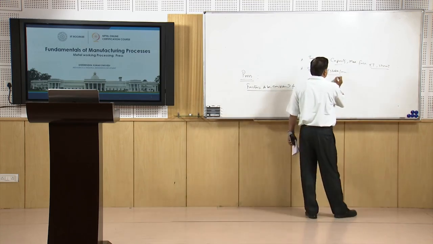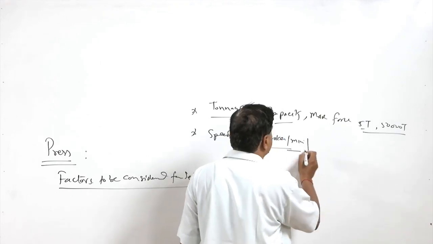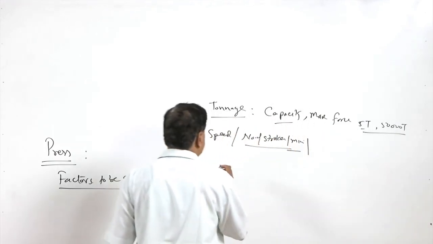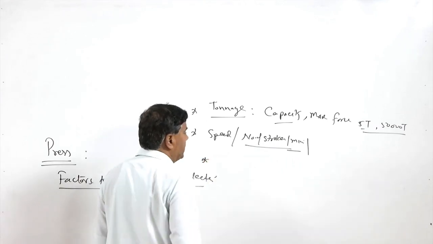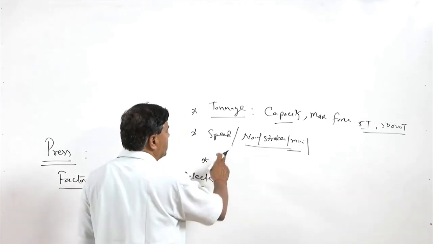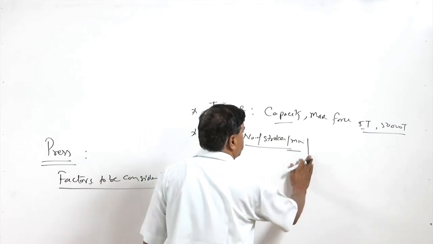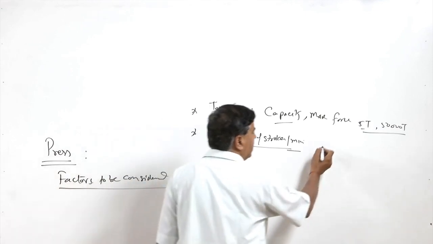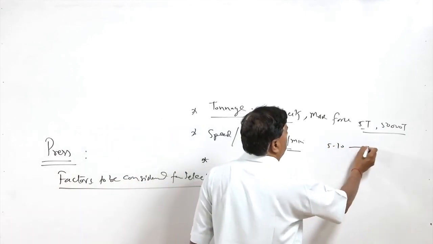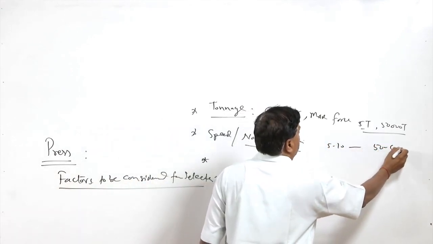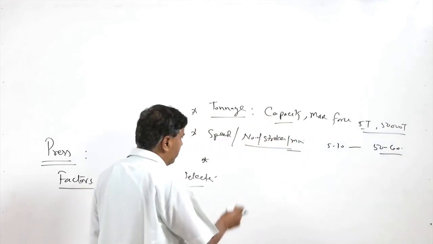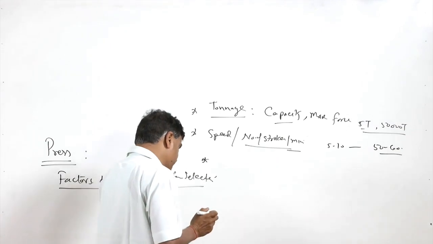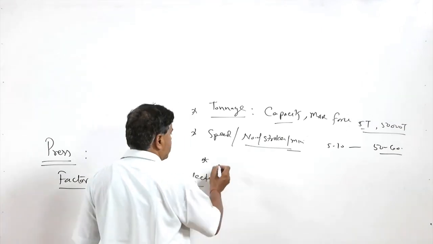So, the number of strokes per minute is another factor depending upon the speed at which the ram movement is needed, which may be like 5 to 10, or 50 to 60, or even more. Depending upon the number of strokes per minute required, a suitable kind of press is selected.